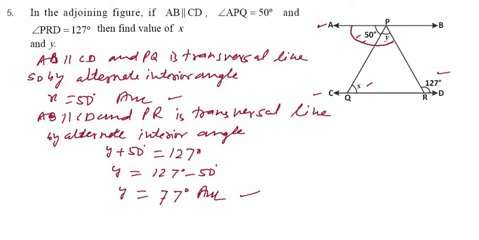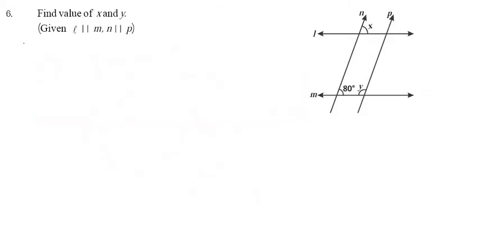Now come to the next question. Find the value of X and Y, where L, M, and N are parallel. M, N, and P are parallel, and here L and M both are parallel. So first of all, L parallel to M and N is a transversal line.